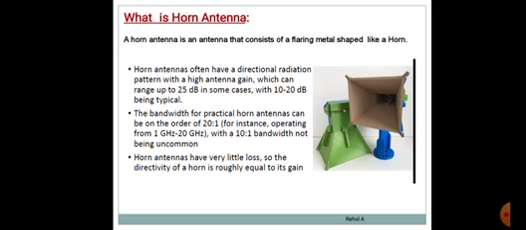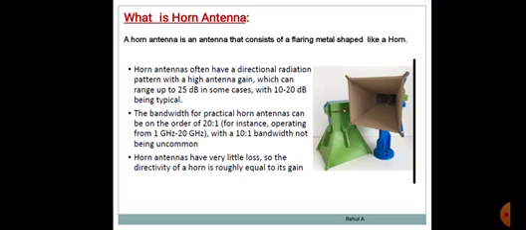What is directivity? Directivity means how much of the power can be transmitted in a particular direction by an antenna. As this horn antenna is very useful in achieving high directivity, a high gain of up to 25 dB can be achieved.